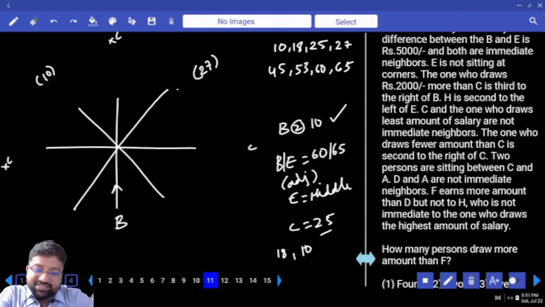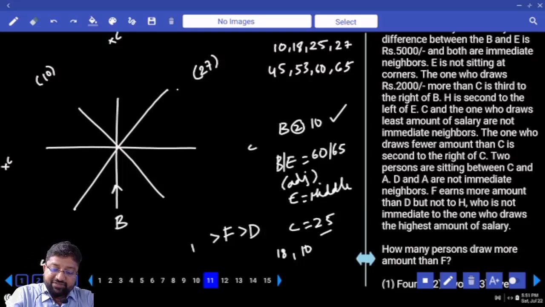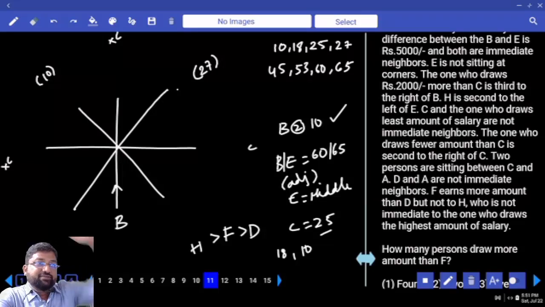2 persons are sitting between C and A. Next line. D and A are not immediate neighbors. F earns more amount than D, but not H. F is not earning more than H. Earlier, I told you one very important point.